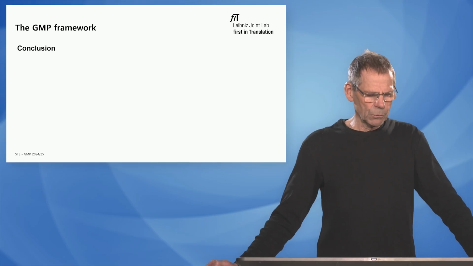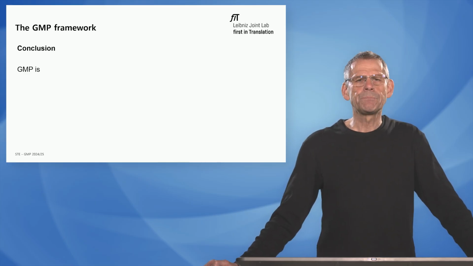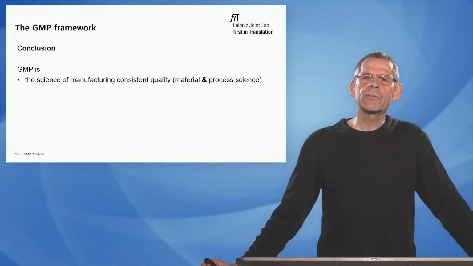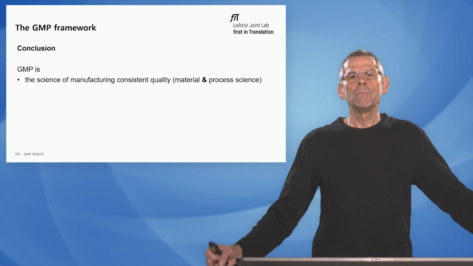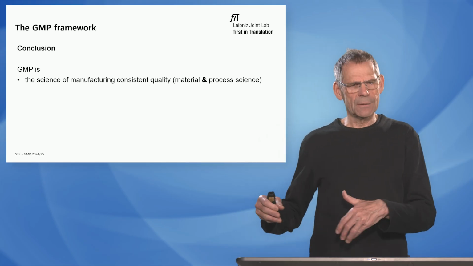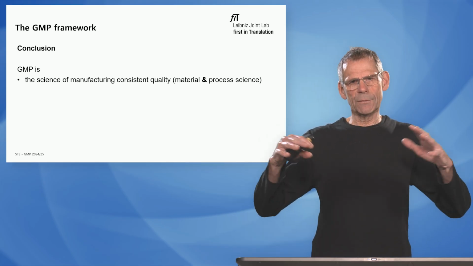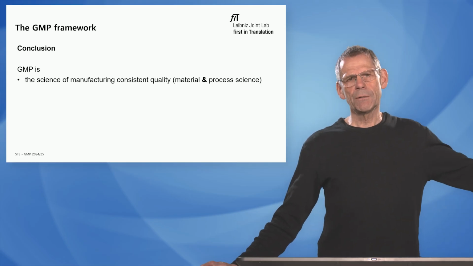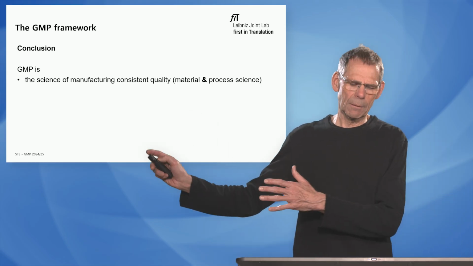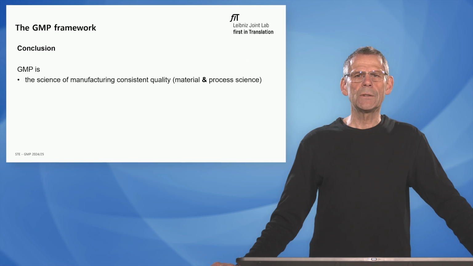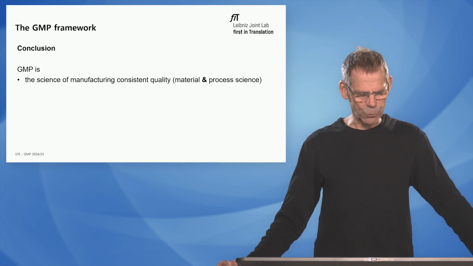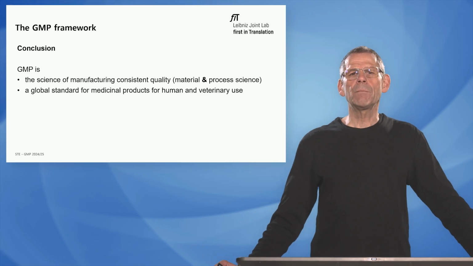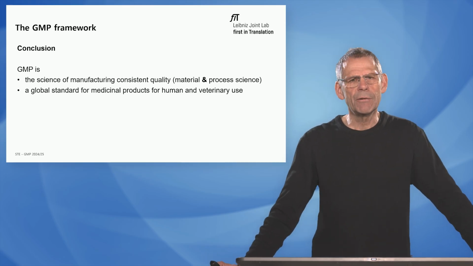So in conclusion, what is GMP? GMP is really a science of manufacturing consistent quality. Materials and process science is included, and it covers the entire manufacturing cycle, from the raw materials and the supply chain up to the distribution to the sites of use. GMP is a global standard for medicinal products for human and veterinary use.